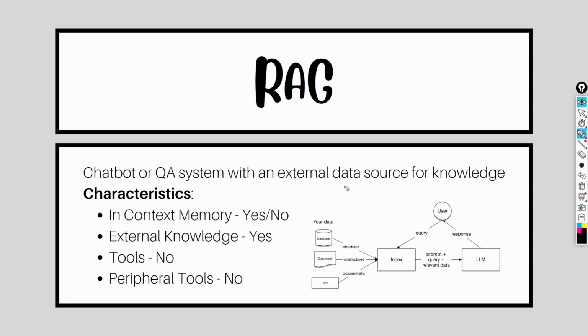Here we have an architecture. You have your database or documents, your API, whatever type of data you have, you will index those, where you will compute your embeddings. So this is your vector store. If you have a question where you know that you can't provide a context and the model wouldn't have knowledge of that, then only you are going to use this RAG.